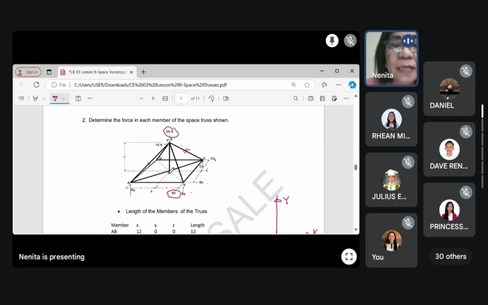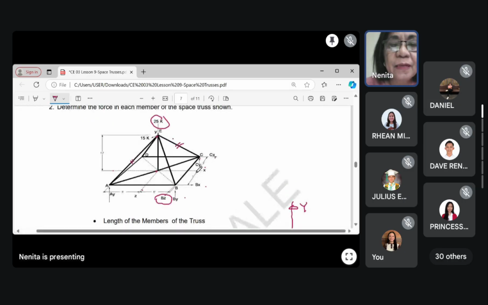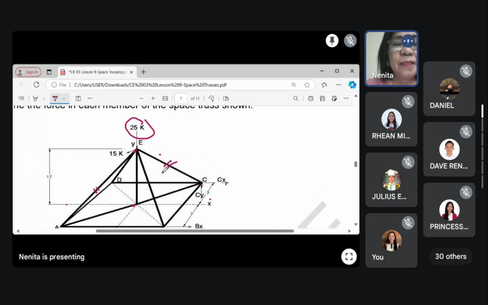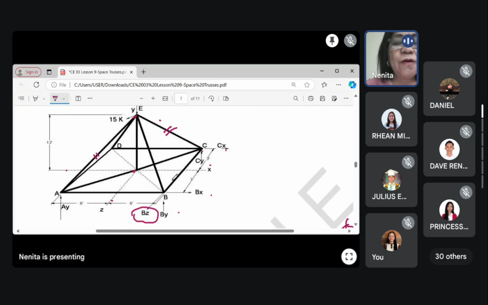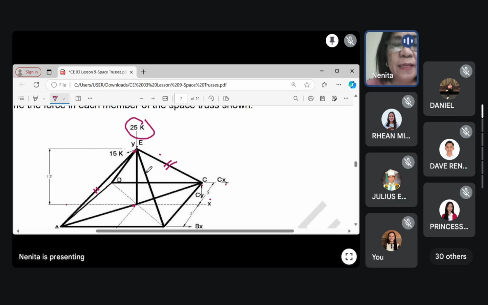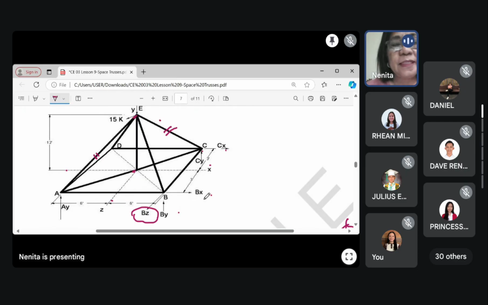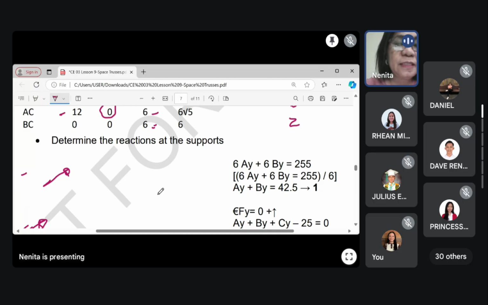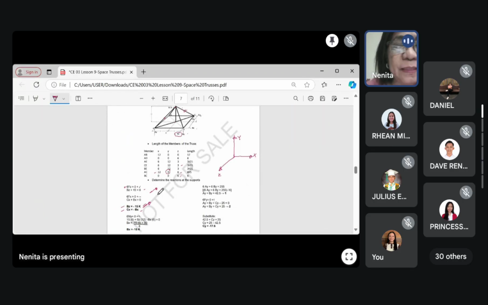What is the distance, class? Dako natin. Yan. So, we have distance of 25 kips pagbaba natin diyan. Pagbaba sa ating x. So, therefore, we have ating distance is equal to yan.